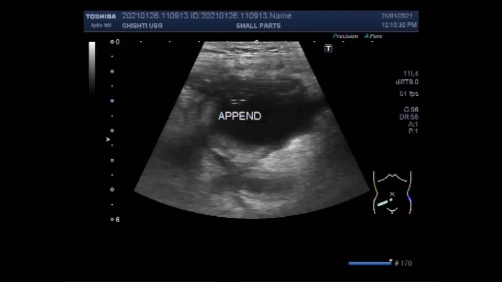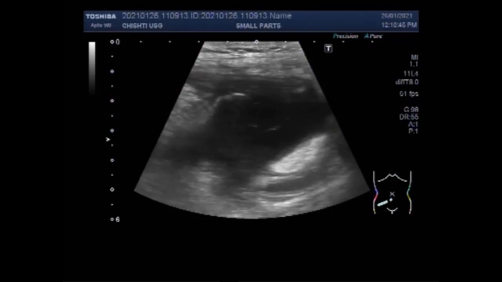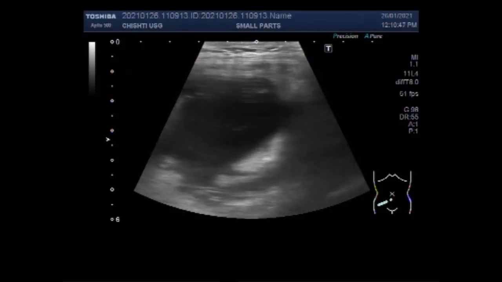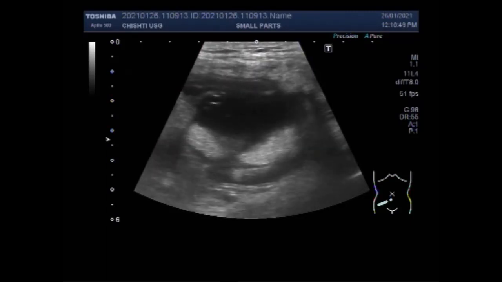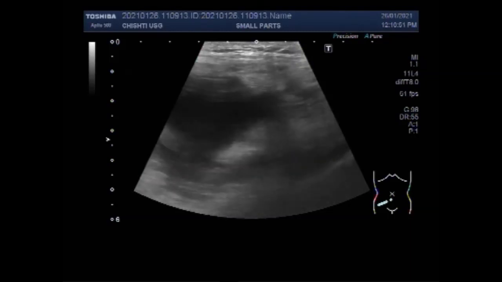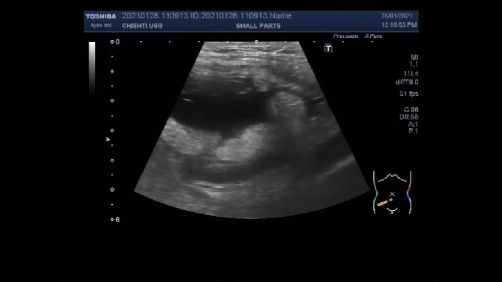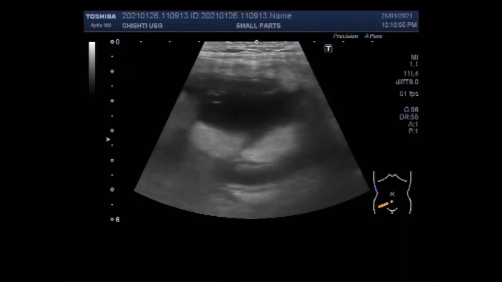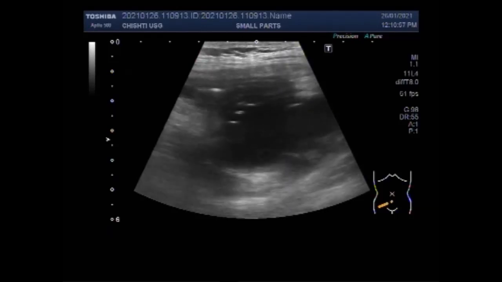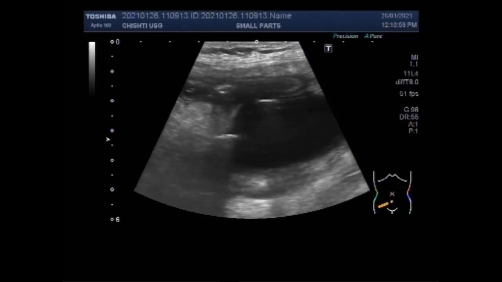Ultrasound is the first investigation advised to evaluate a suspected appendicular pathology. Findings of an appendicular abscess include fluid collection, hypoechoic in the appendicular region, which may be well circumscribed and rounded, or ill-defined and irregular in appearance.